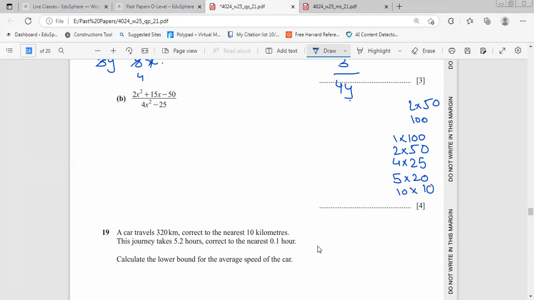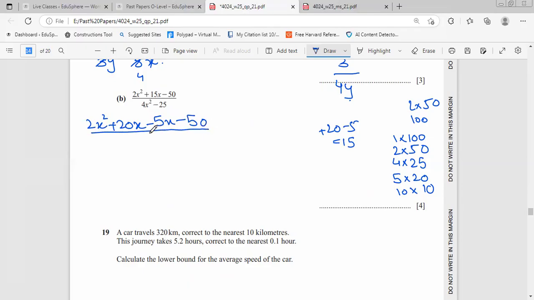And then all of them are later repeated. So 5 and 20 can be taken as the factors. If I subtract 20 minus 5, I get 15. Since the sign of the 15 is positive, I will take plus 20 and minus 5. So here I'm going to write 2x squared plus 20x minus 5x minus 50.